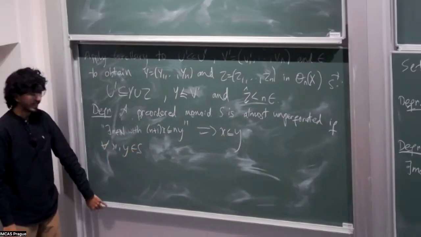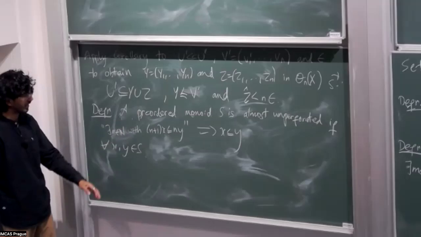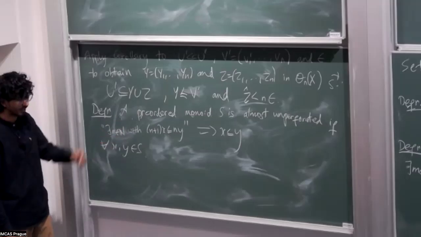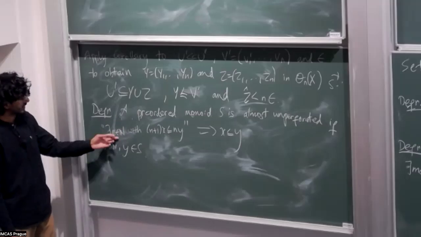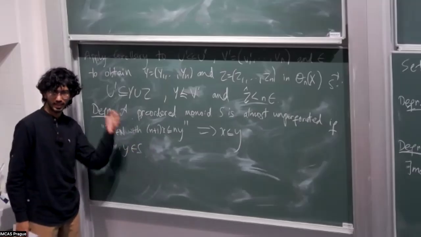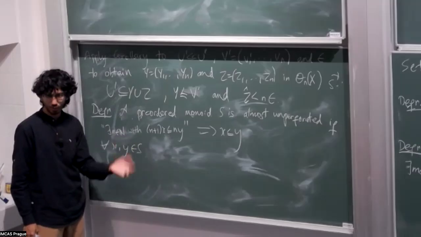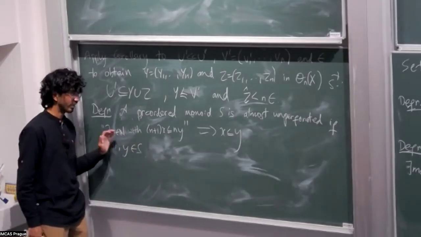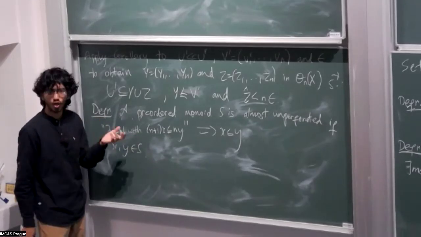If you take any x and y in any p-ordered abelian monoid, for us it's the type semigroup, and there exists a natural number n such that n plus 1 copies of x can be put below n copies of y, then this is sort of a stable domination, right?